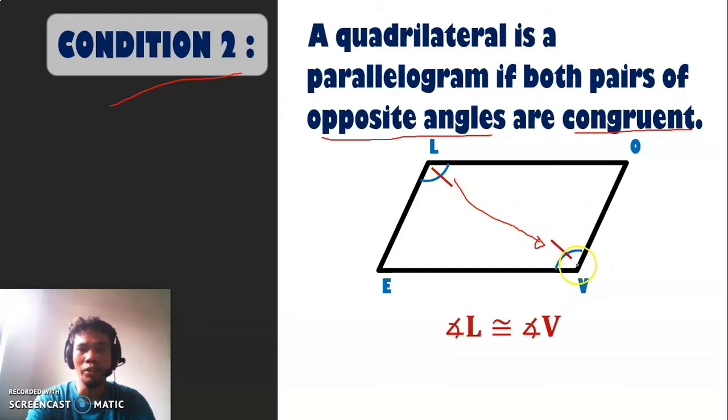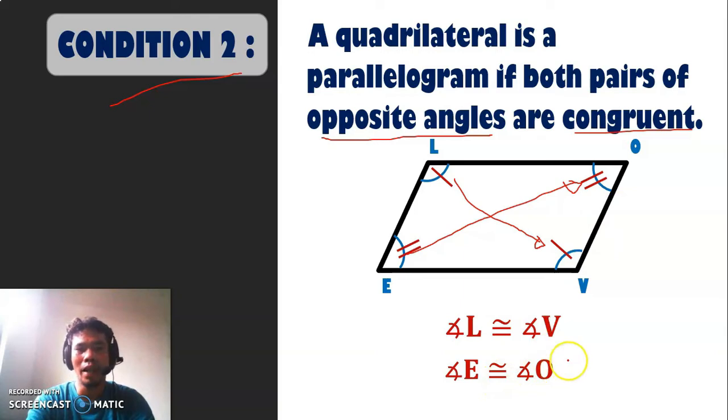In notation, angle L is congruent to angle V. With the same process, angle E is opposite to angle O. So angle E is congruent to angle O.